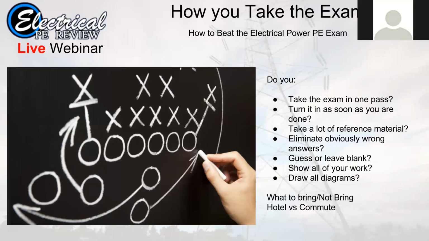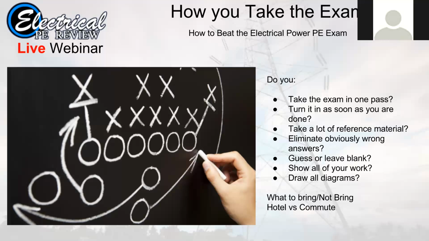Now, what's another tactic? Everyone knows about eliminating the obviously wrong answers, right? One thing to watch out for is the PE exam is known for leaving an answer in the answer key that's one step away from the correct answer. What do I mean by that?